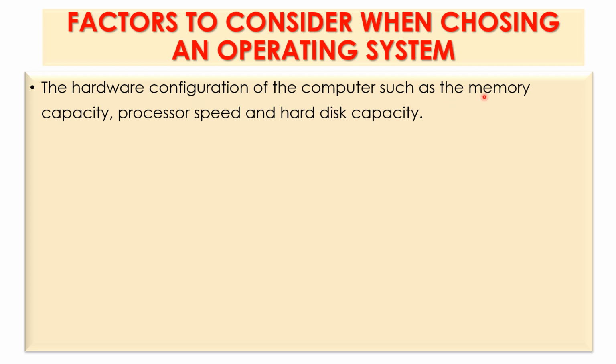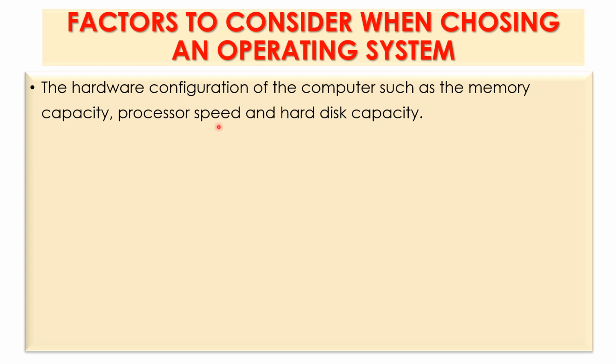For example, here we're talking of the memory capacity, which is your RAM, the capacity of it. Is it 2 GB, 3 GB, 4 GB? Or processor speed? The processor, remember, is measured in hertz, gigahertz, or megahertz. The processing speed, we talked about that. So that speed is also another thing that you have to consider.